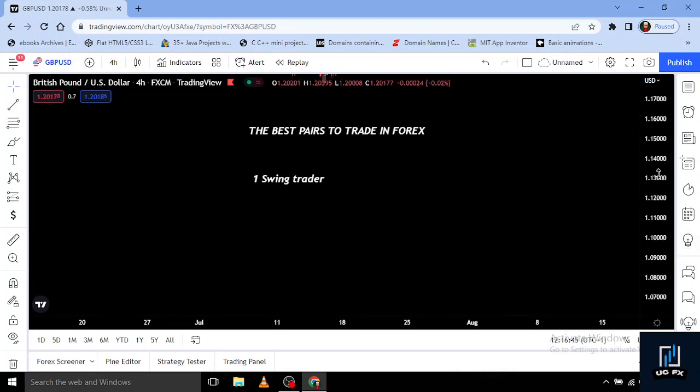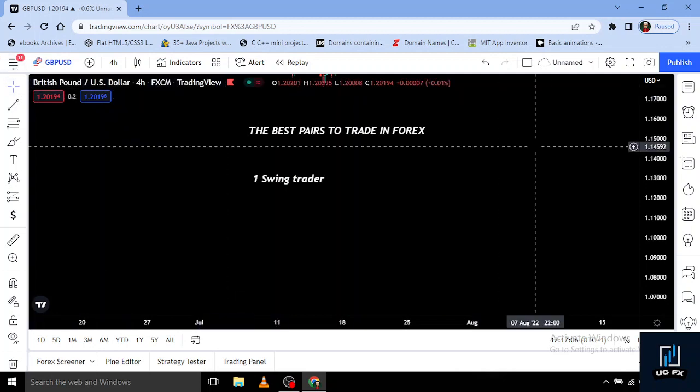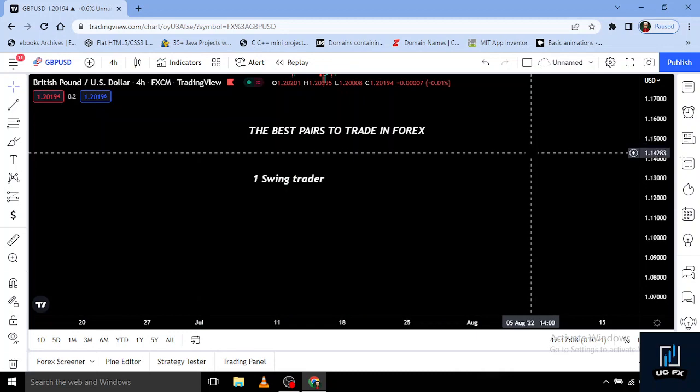You have to choose pairs that suit your trading style. I have one secret for you on this. If you're choosing pairs that have USD in them, I suggest you analyze the DXY, that is the dollar index, to know its strength. Let me show you this on the chart. We have the dollar index.